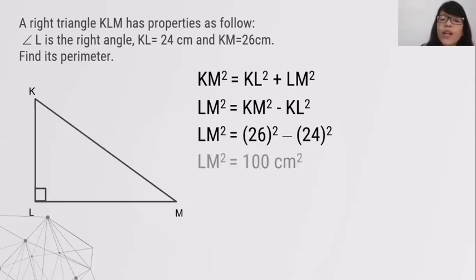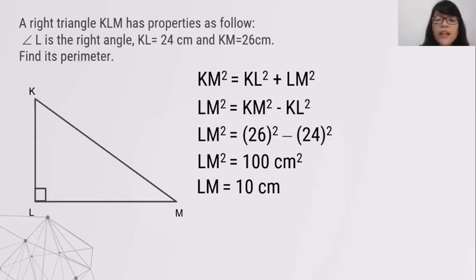So LM square equals 100 centimeter square. Don't ask me how I get it, and please do not use the device. You need to find it by yourself manually. Okay, so LM square equals 100 centimeter square, and then LM is the root of 100 centimeter square, that is 10 centimeters.